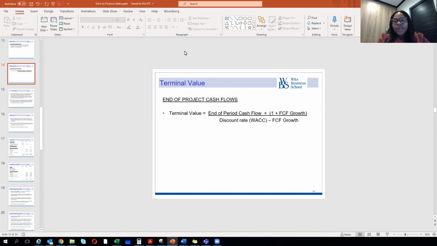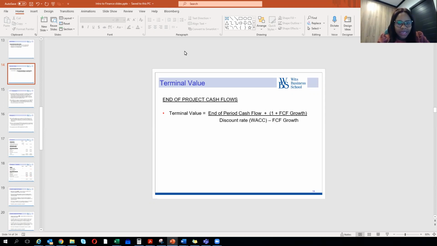So if you're valuing a normal business, maybe you might come up with a growth rate for the next 5 years for your cash flows. And after year 5, it starts to stabilize and gets maybe a growth rate of 2% per year going forward in perpetuity. What the terminal value is trying to do is calculate what that entire value is once it gets to that stable stage of growth, and get that amount that you then need to present value.